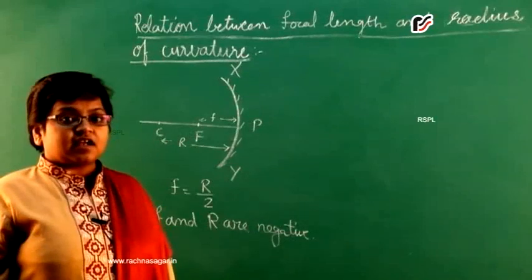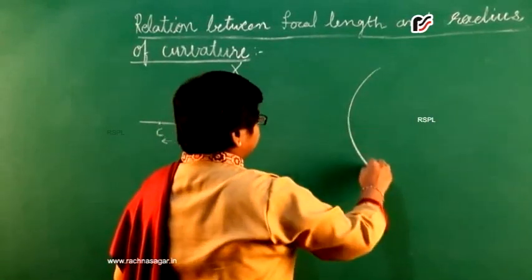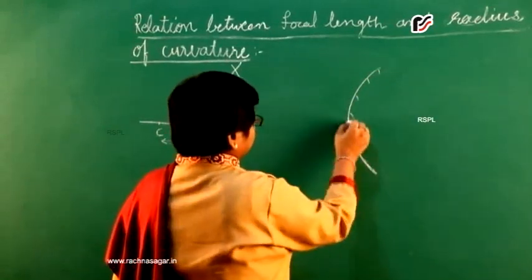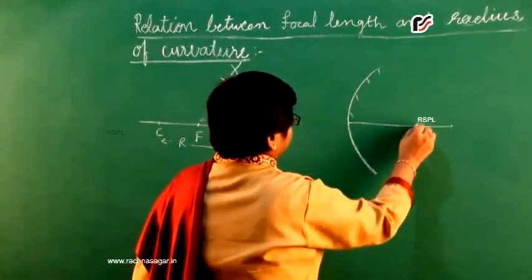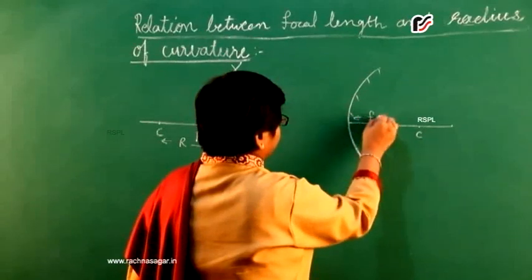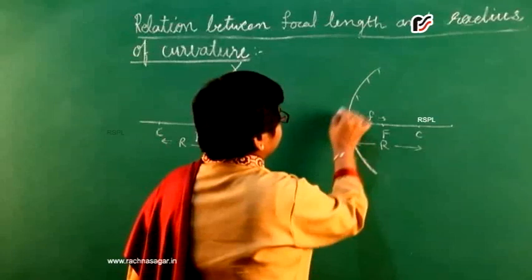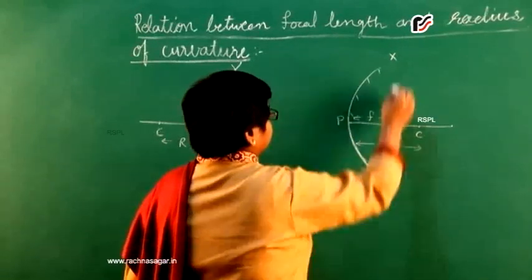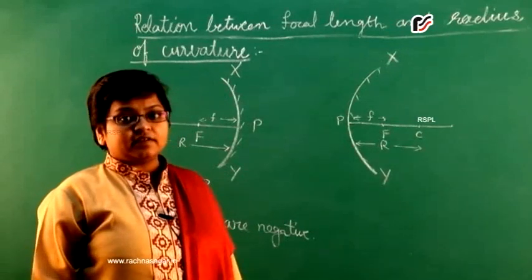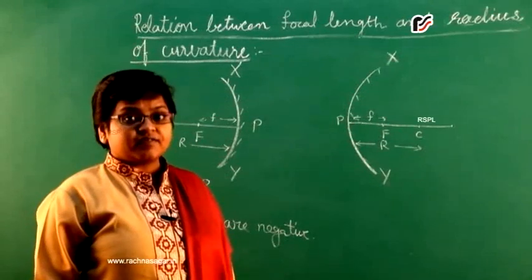Let us discuss again the convex mirror. The relation between focal length and radius of curvature for the convex mirror is the same as that of the concave mirror.